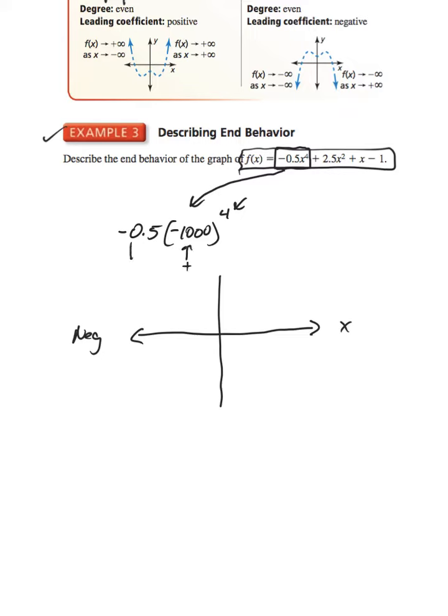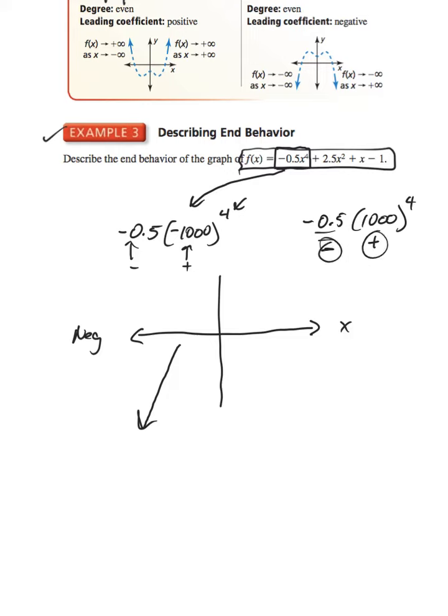Let's figure out what it's going to be when we move to the right. In other words, we're going to move toward positive infinity. Let's take a big number like positive 1,000. Positive 1,000 to the fourth is also going to be positive, but that negative coefficient is going to be there too.